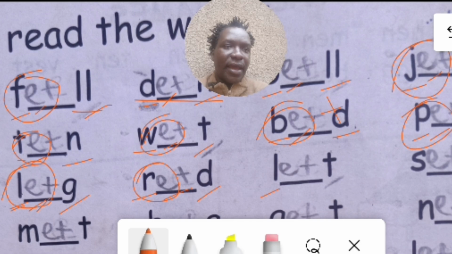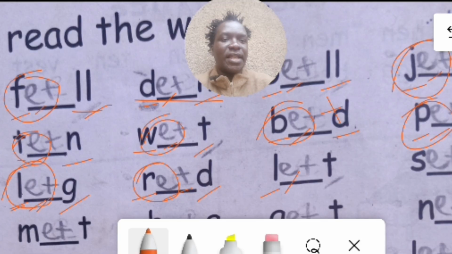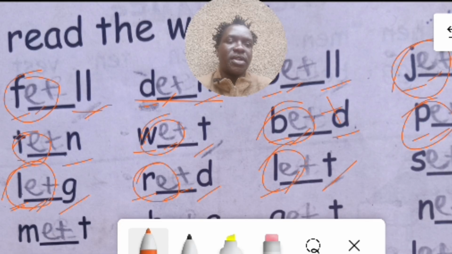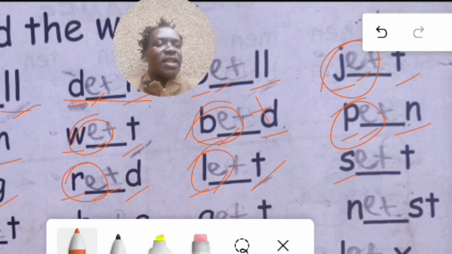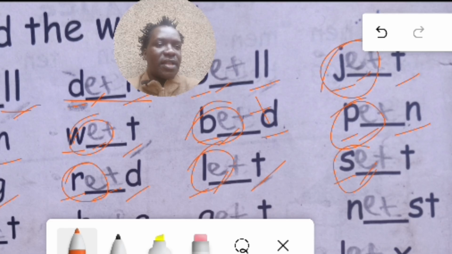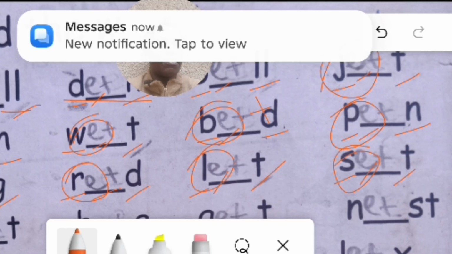Consonant L plus vowel A becomes le, and then this le plus T, which is also a consonant, becomes let. And then consonant S plus vowel A, it becomes se, okay? Se plus T becomes set.